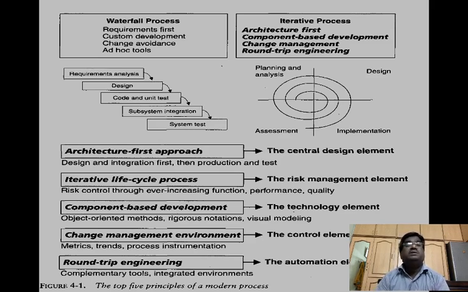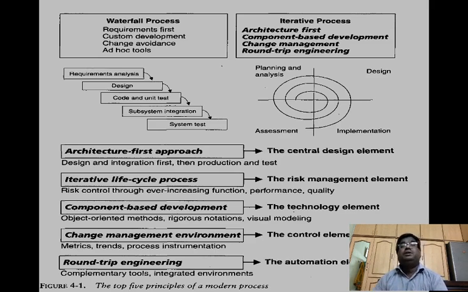Phase-wise manner means step by step. First requirements analysis is considered, then design is followed. Once the design is over, the coding team is involved, and finally subsystem integration: all modules are integrated. Finally, the system is tested. So if you see the order, it is linear, a step by step pattern.